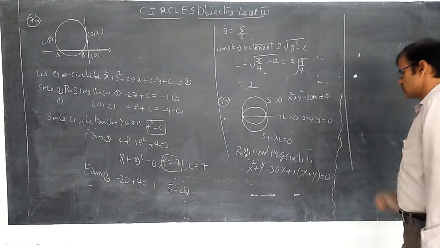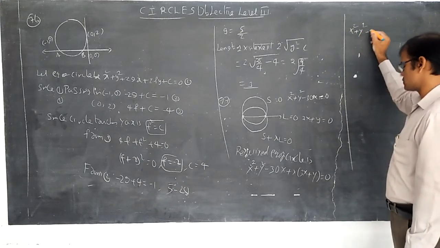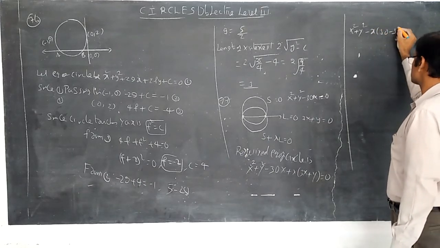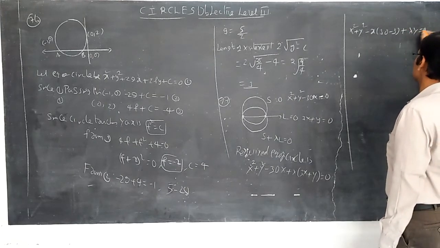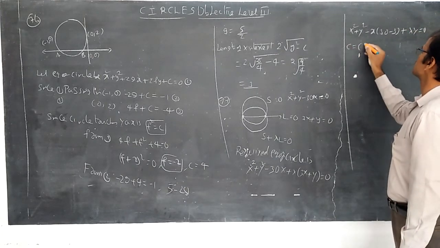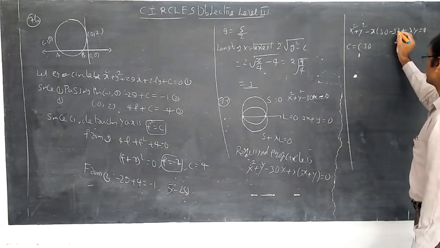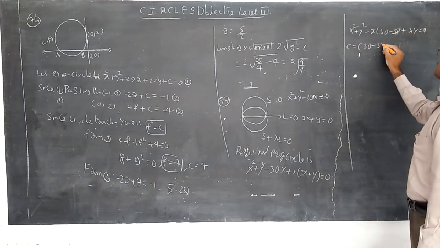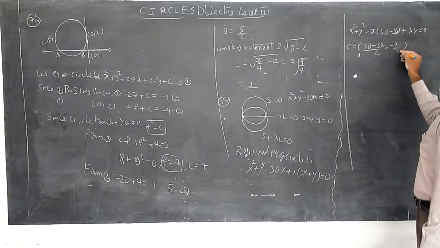So x square plus y square minus x taken common (30 minus 3 lambda) plus lambda y equal to 0. The center you should calculate as (30 minus 3 lambda) by 2, comma minus lambda by 2.